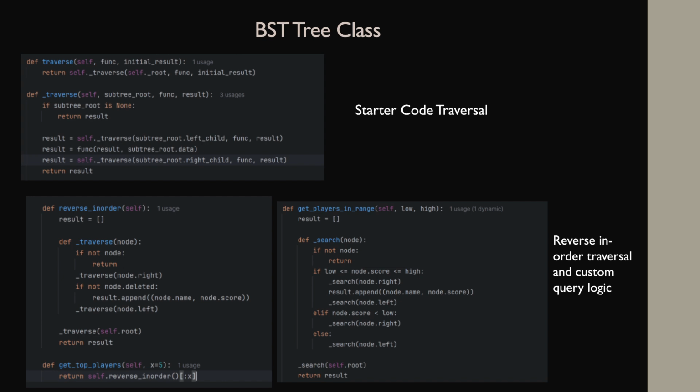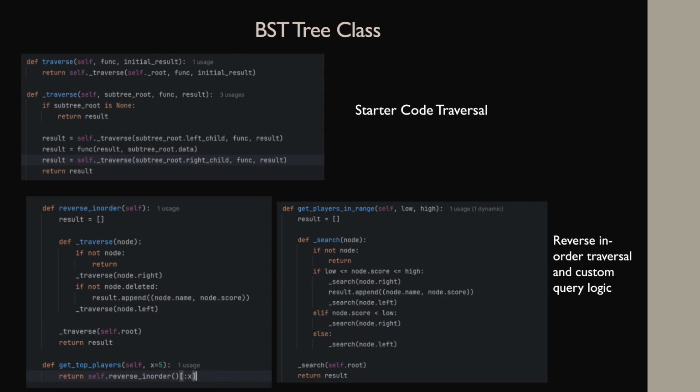Then we check if it's not node.deleted. So if the node is not marked as deleted, we would append the tuple name, score to our result list, and it just ensures that players that are deleted are not on the leaderboard.